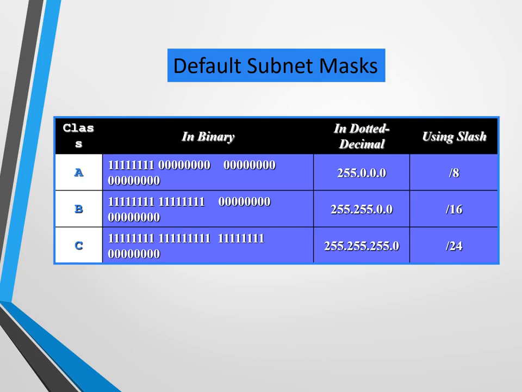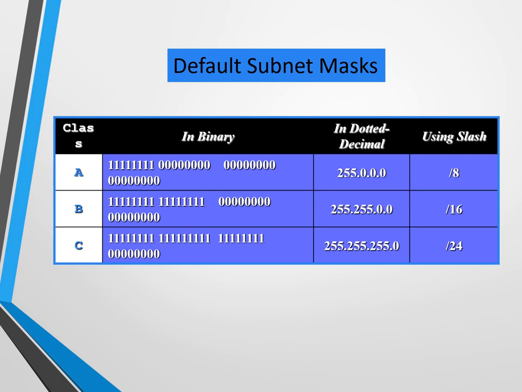In class B, the first 2 bytes of the net ID are set to 1 and the remaining are 0. And here you can see 255.255.0.0. Here the net ID was 8 bits, here 16 bits, and here 24 bits. However many bits exist for the net ID, you set them all to one.